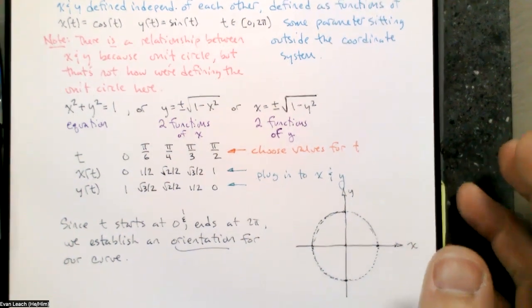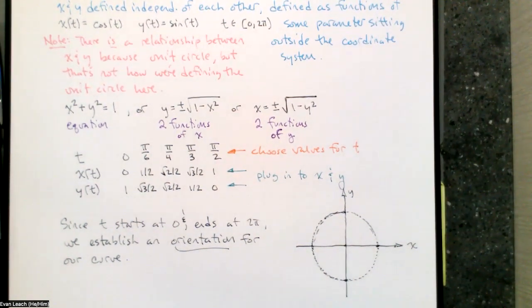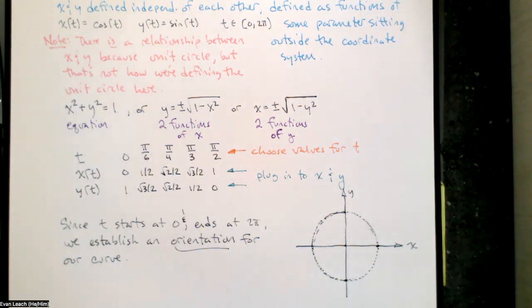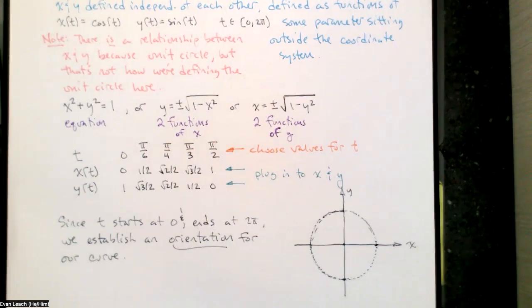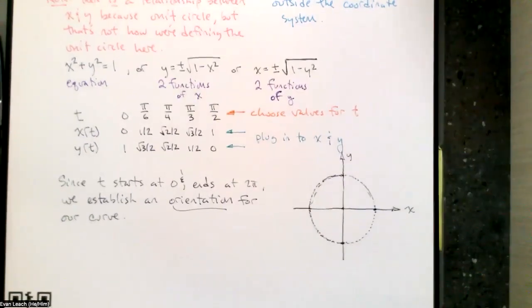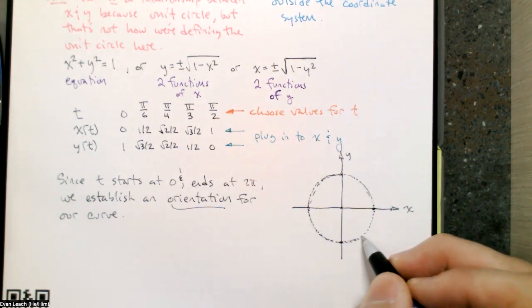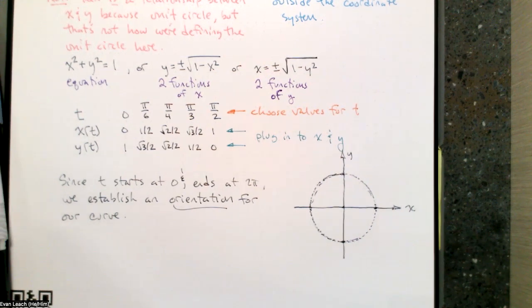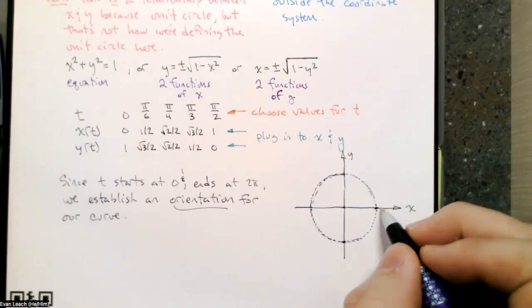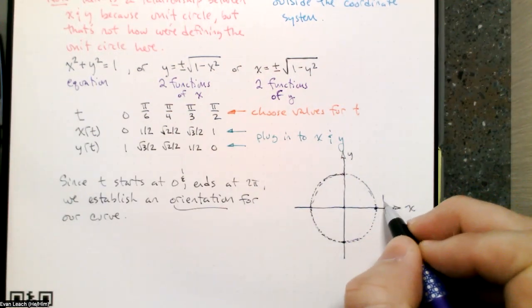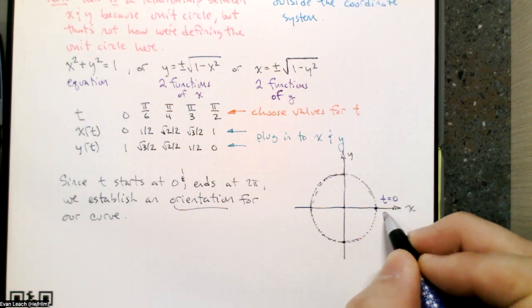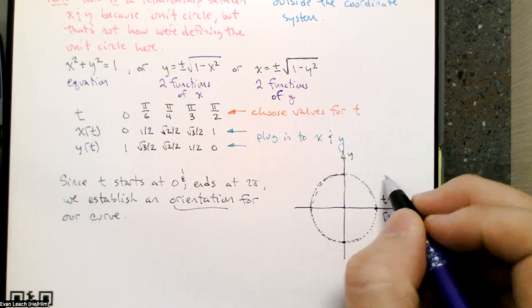So when we imagine x squared plus y squared equals 1, we imagine this circle and it's just there. But now that we have values for t going around this circle, we've established a starting point and an ending point. Here's where t is equal to 0, and that corresponds to the point 1, 0.